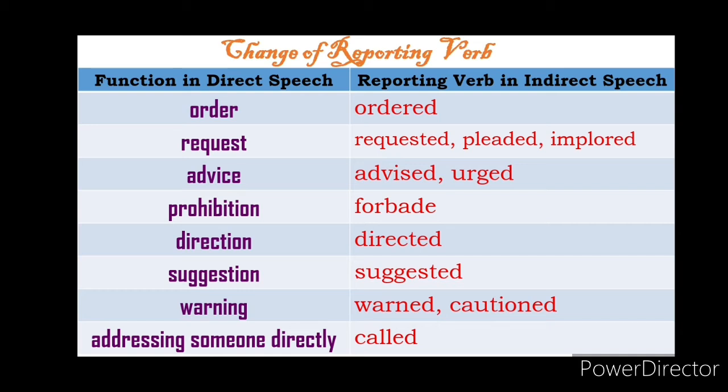If it is an order, you may write ordered. For request, requested, pleaded, implored. For advice, advised or urged. Prohibition, forbade. Direction, directed. If it is a suggestion, use suggested. For warning, use warned or cautioned.